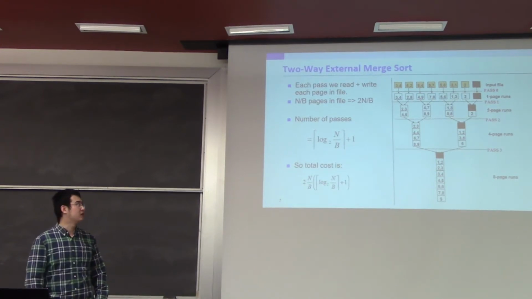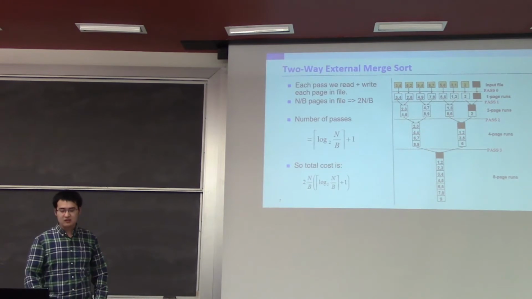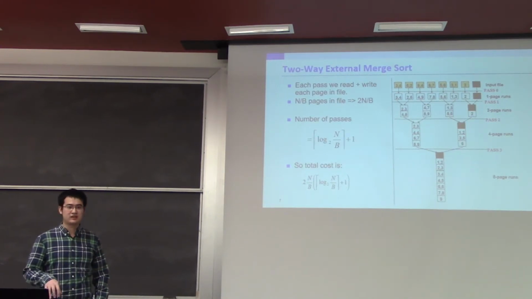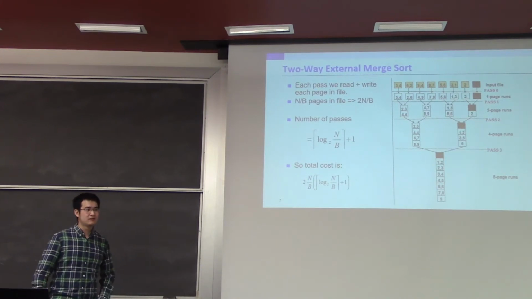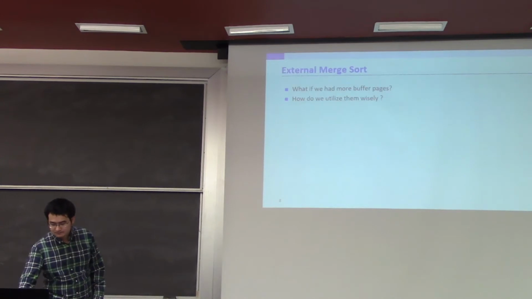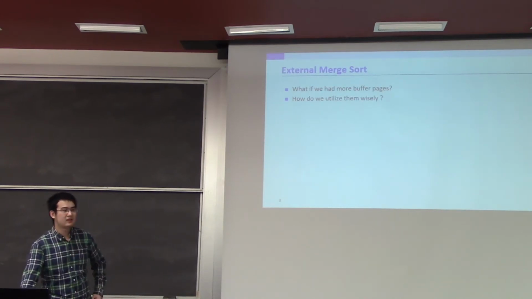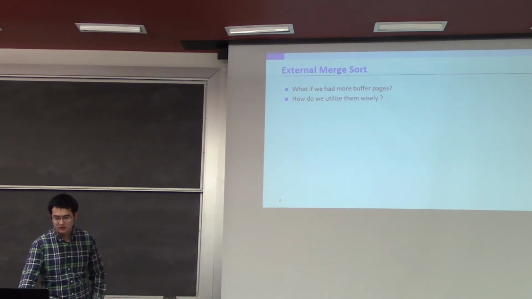That's the scan of the raw data. And the reason for the 2 multiplier is that you scan the data as input once, and you also dump it to the disk once after each pass. So that's where the 2 comes from. That was covered in the last lecture, and that's the idea of two-way sorting.